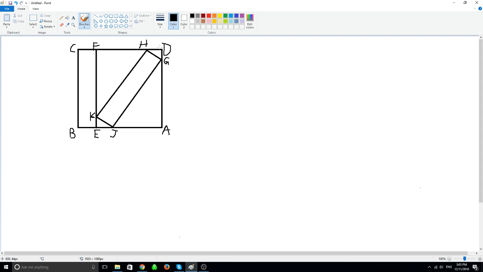So what we want to do is assign variables. First we're going to let BE equal x, and let the distance from D to G equal y. I'm going to erase this, and let this be y.